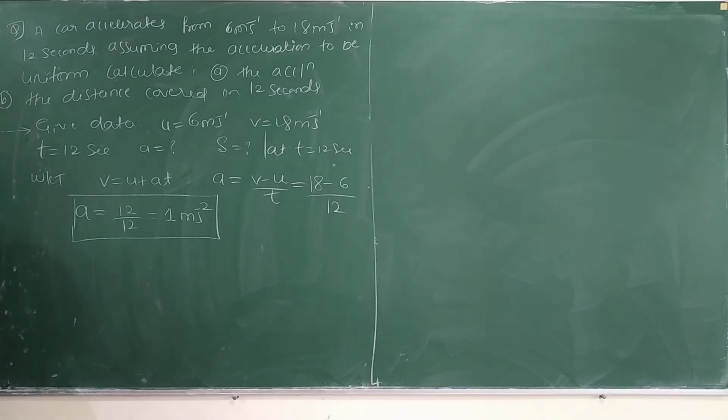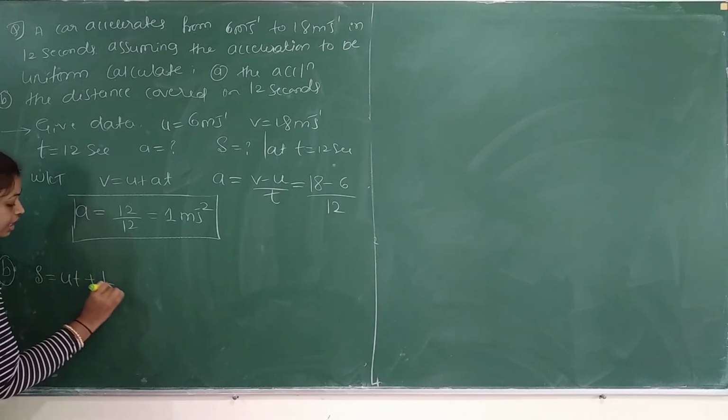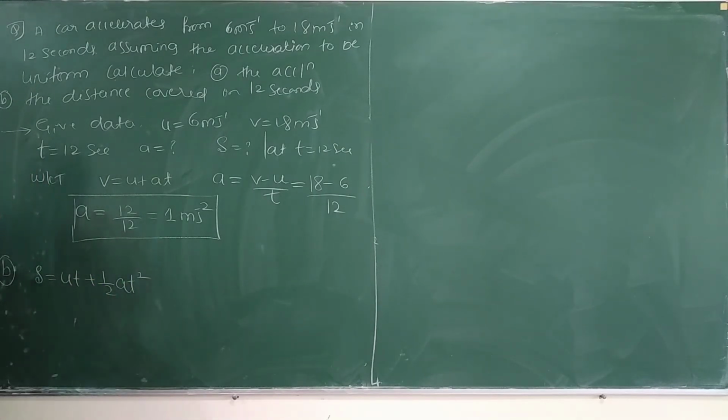Now you have to calculate the second one, that is b. You have to calculate the distance covered by the car. So what is the distance formula here? S is equal to ut plus half at square. You know initial velocity, time and acceleration, so you can calculate the distance s here.